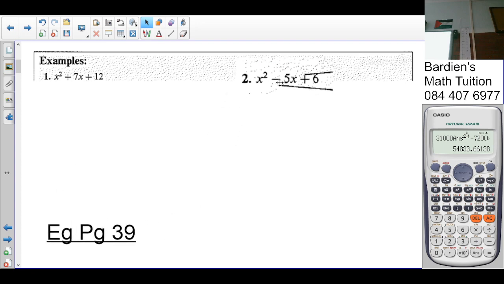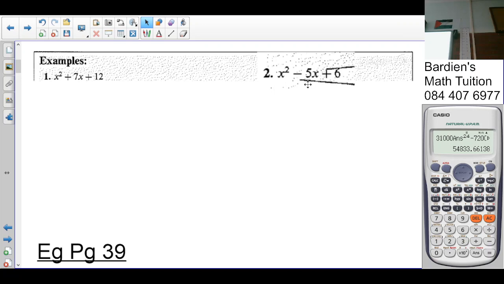So, write the first two down. The first one is x squared plus 7x plus 12 and x squared minus 5x plus 6. Those are the two sums I need you guys to write down with me.